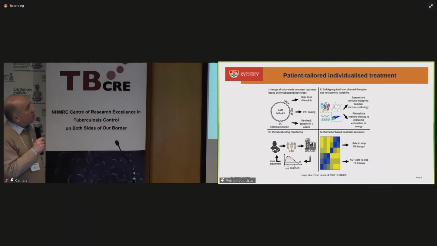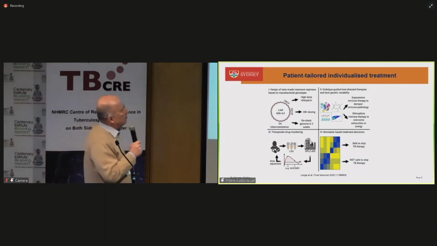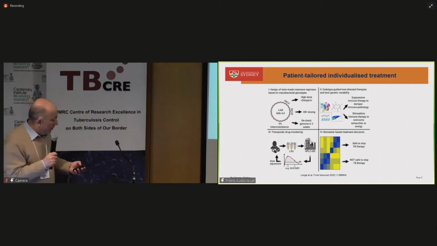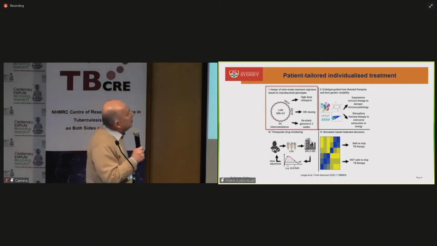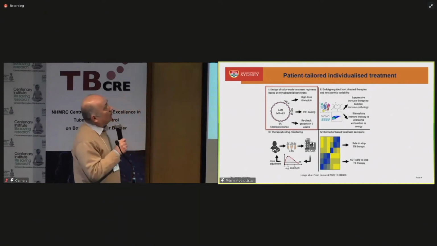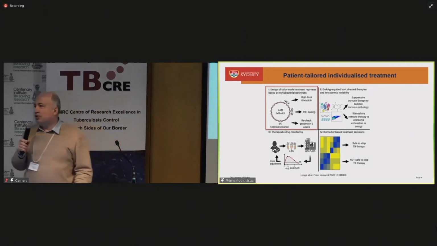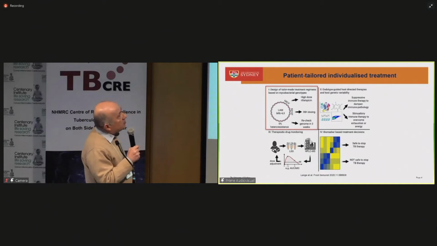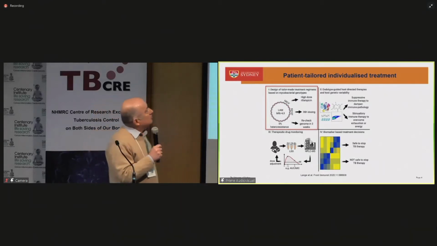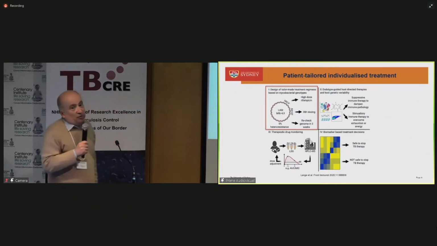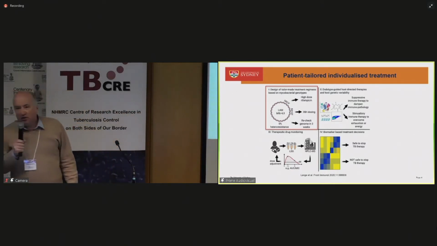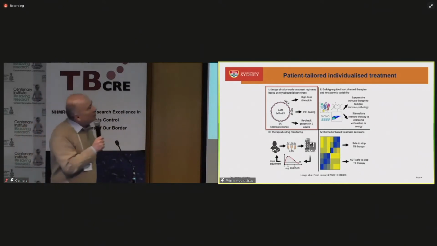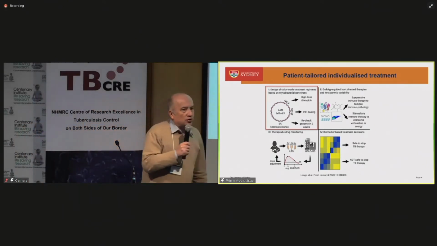Warwick and Ben asked me to talk about this patient-tailored, individualized treatment, which is represented by multiple dimensions, really. I'll be focusing on the first dimension, which targets design of treatment regimens based on mycobacterial genotype, on genome sequencing. But you have to consider also host-directed therapies based on genetic variability of hosts, and if you like, genome sequencing of the human host, and therapeutic drug monitoring that Ian Billam will be talking about in a minute, and biomarker-based treatment decisions.